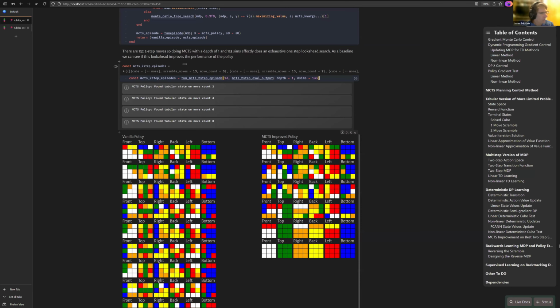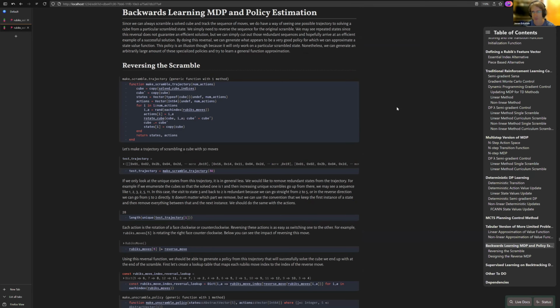But maybe one thing to add is another technique which we're not going to actually use to succeed at this problem, but which is an interesting idea that I think most people think of when they hear about this cube: what if we just try to go backwards?